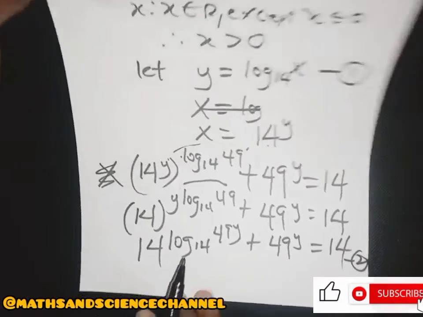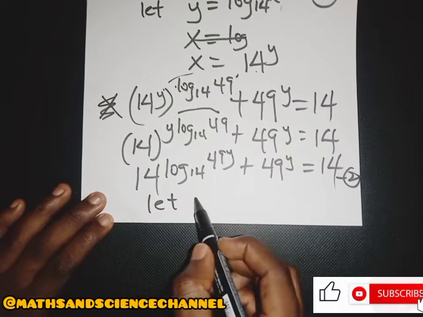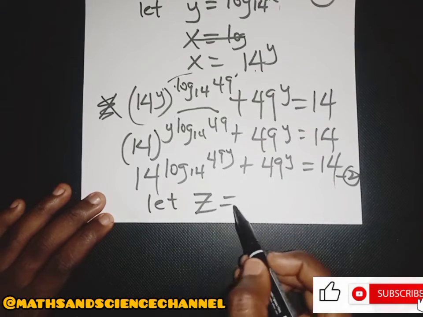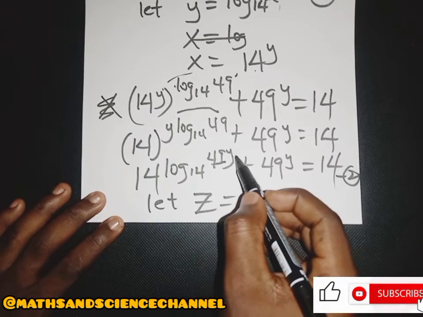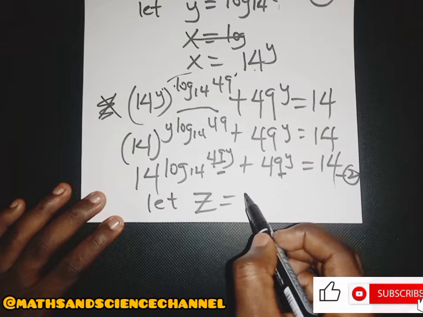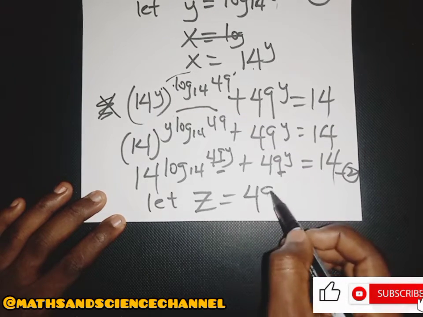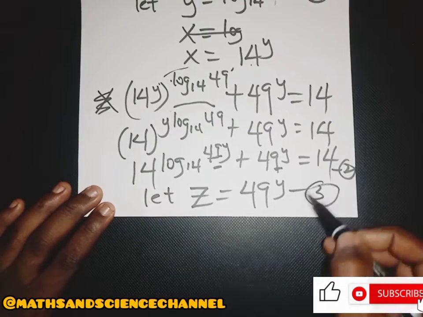When we call this one equation 2, we are going to let another variable z be equal to 49 to the power y, because we have 49 to the power y in both terms, so we can just equate it to a variable. So 49 to the power y equals z, and let's call this equation 3.